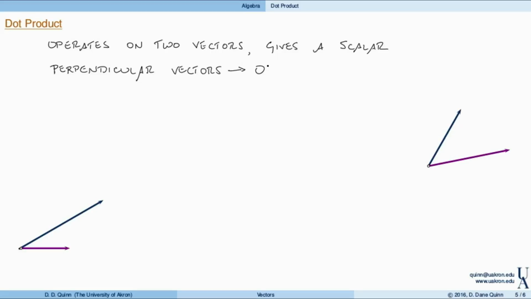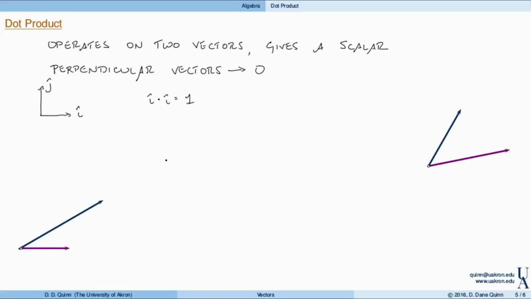So, for example, if I have my directions i and j as before, we find that i dot i is equal to 1. So the dot product of any vector with itself is simply the length squared.